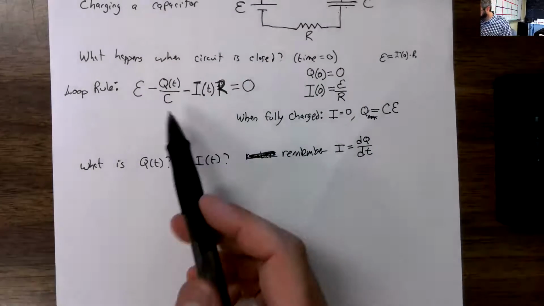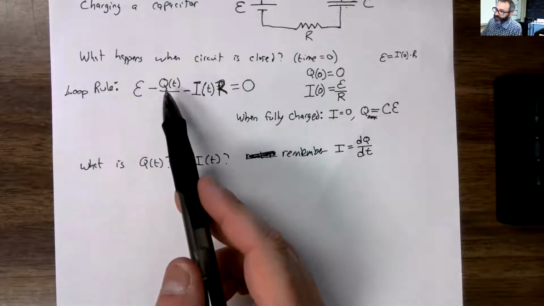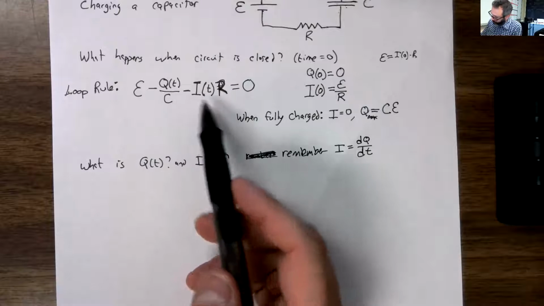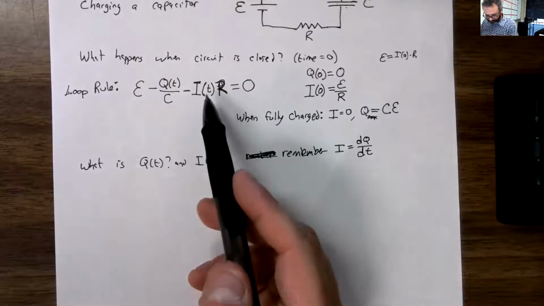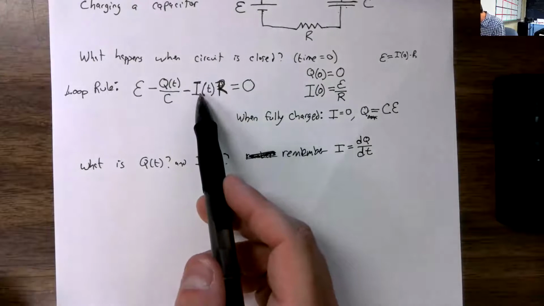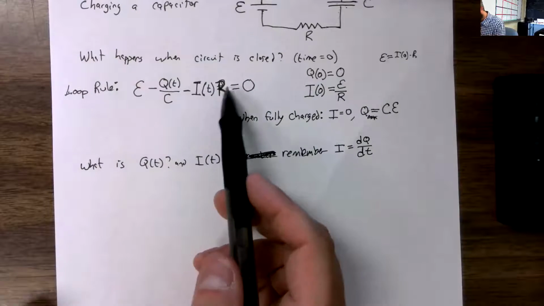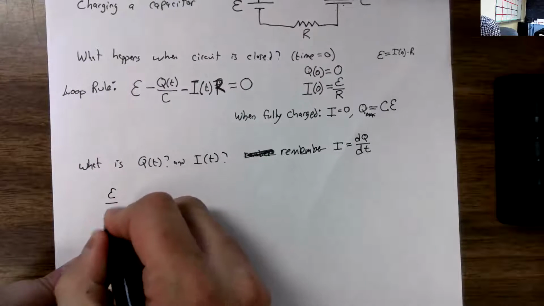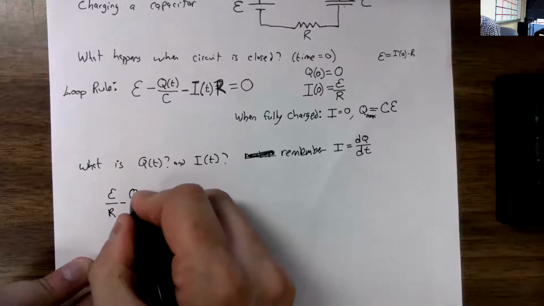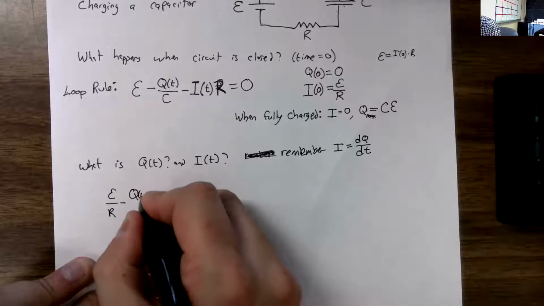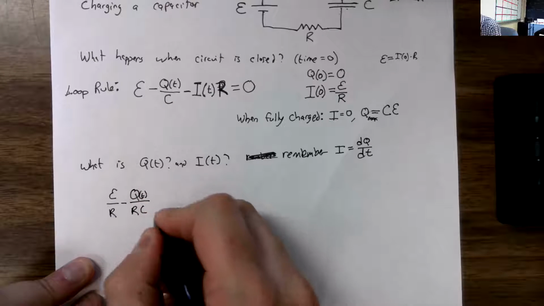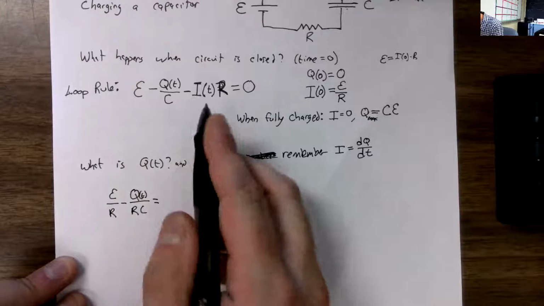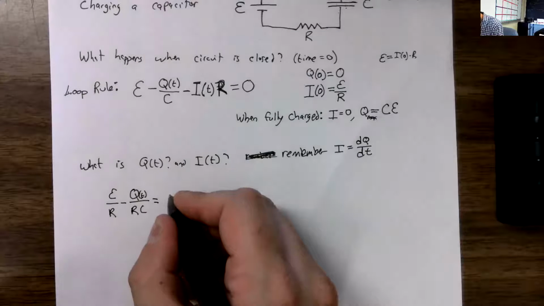So we've got a differential equation here, an equation where a function and its derivative are inside the same equation. I'm going to replace my I of t with dQ/dt and divide everything by R. If I do that, I get E over R minus Q of t over RC, which equals dQ/dt.